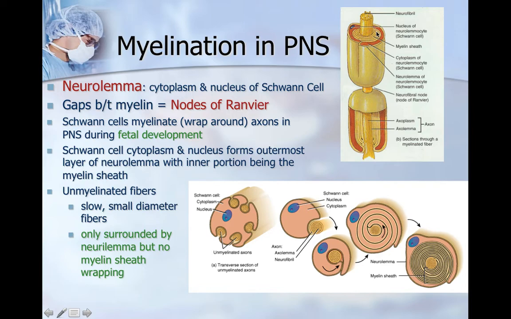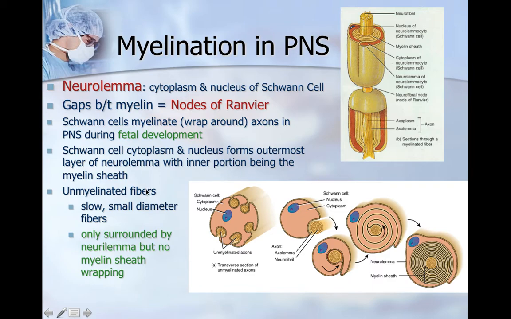Cytoplasm in the nucleus. Notice how the Schwann cell wraps around the axon. Okay, so it's a little bit different. The Schwann cells wrap around the axons during fetal development. So, during the development before a child is born, this is happening in their peripheral nervous system. The Schwann cell cytoplasm in the nucleus forms the outermost layer of the neurolemma, with the inner portion being the myelin sheath.